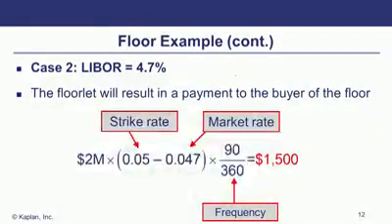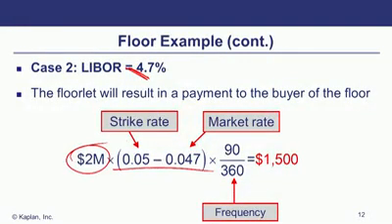In case number two, because LIBOR is below the strike, our payoff is given by the notional principal times the difference between the strike and LIBOR times our deannualization factor for our quarterly situation, which gives me my payoff of $1,500.